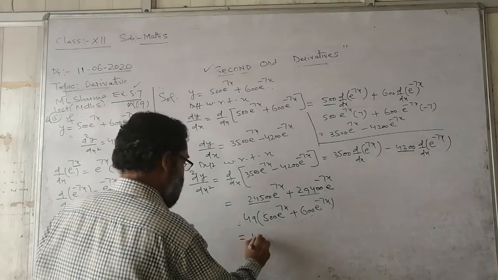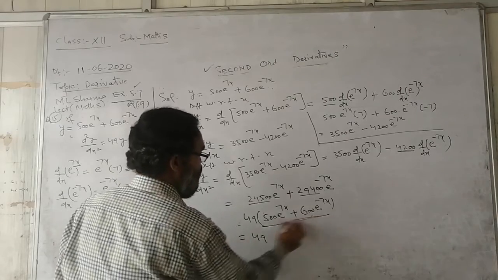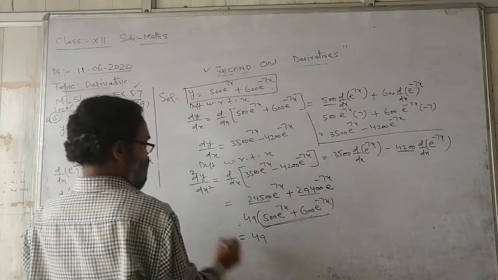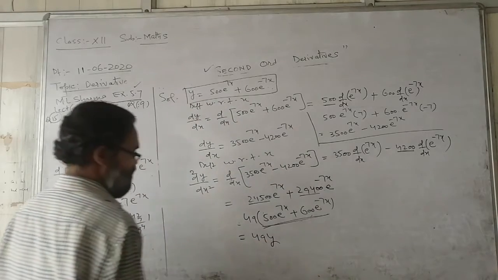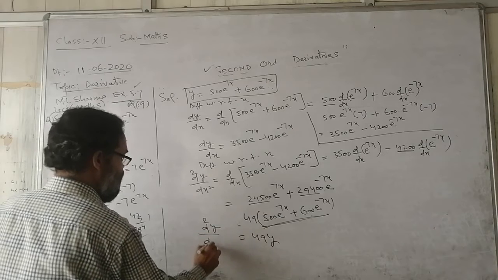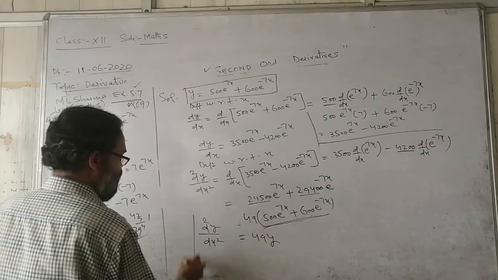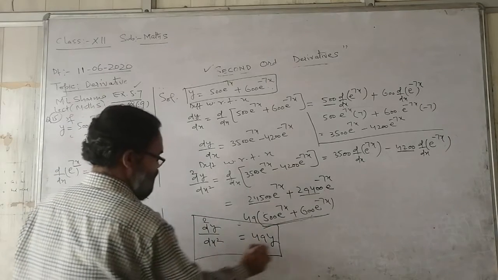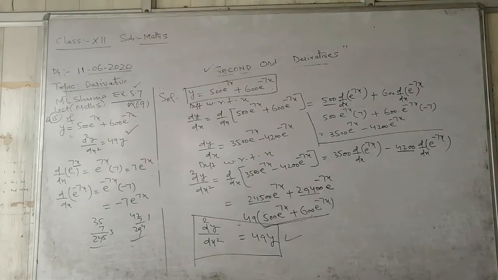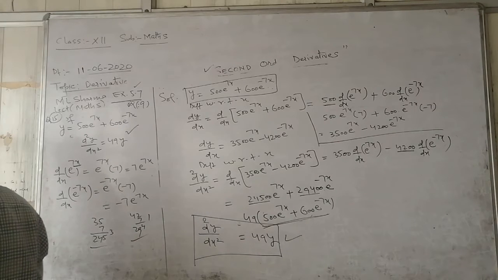Now this is the value of y. So if I substitute here the value of y, this will be 49y. That means d2y dx2 equal to 49y, and this was to be proved. So in this way, this question number 15 is solved.